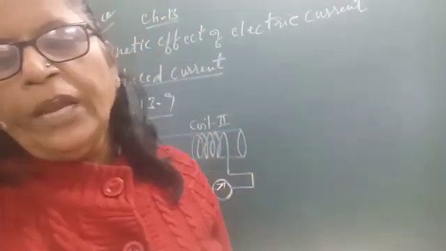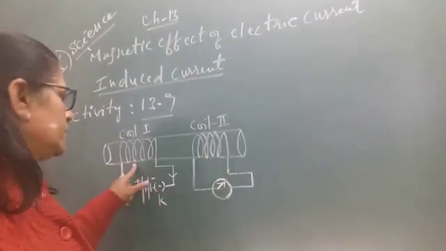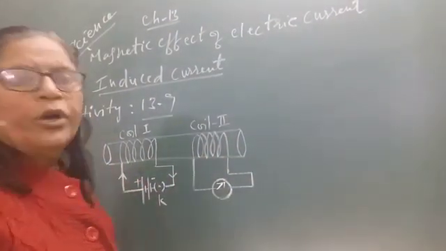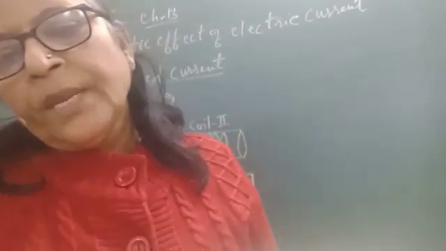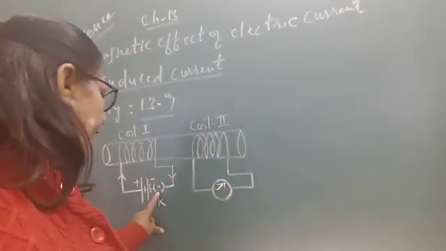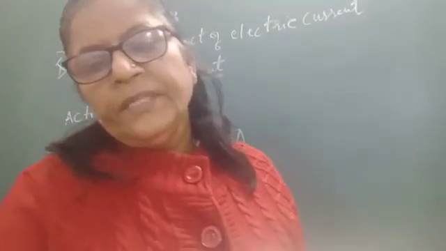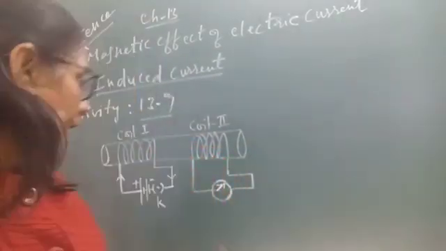Now connect coil 1 having a larger number of turns, coil 1 having more turns compared to coil 2, in series with a battery and key. Then connect the other coil 2 with a galvanometer.